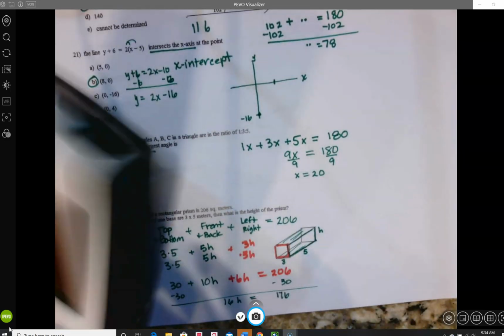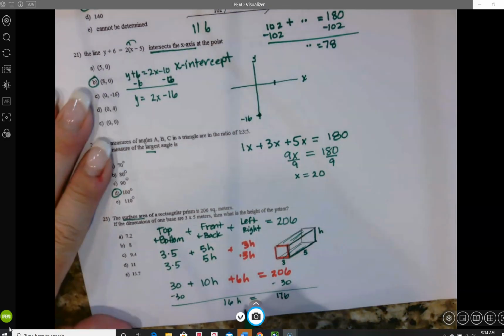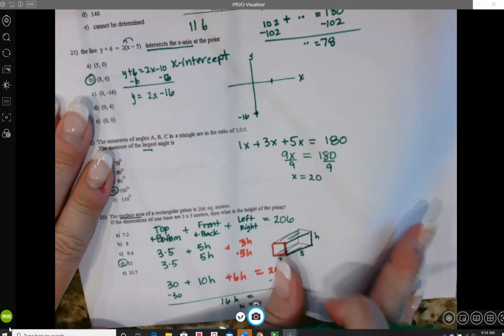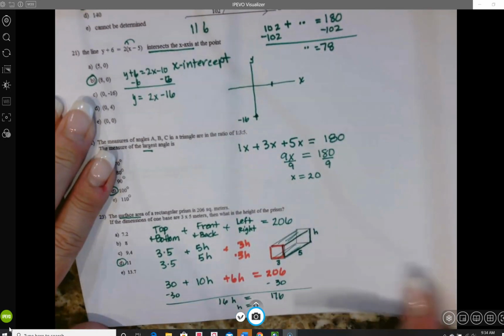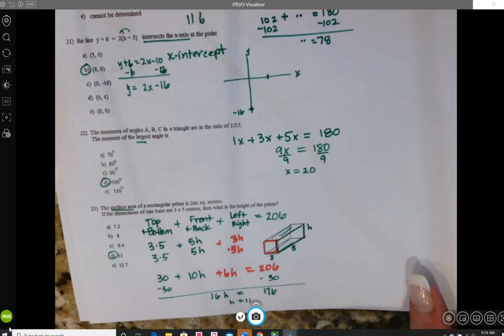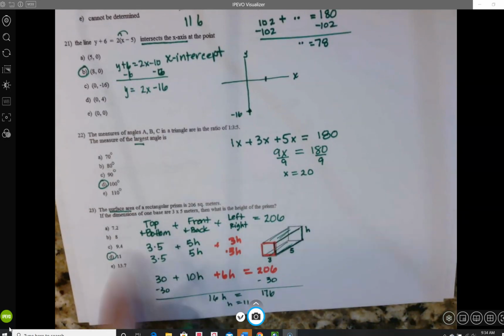Divide by 16, and we get our height is 11. So I'm sure there's some working backwards and some other ways that you could figure that out, but I am an algebra teacher and I'm very comfortable with the algebra. So that's how I would do it. You probably could work backwards and plug some of these things in if you needed to do that.